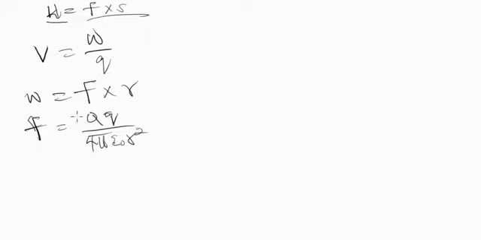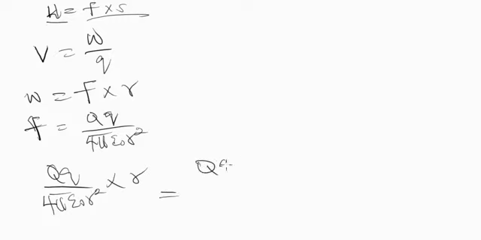So if we multiply this by R, let's say Q times Q over 4 pi E naught R squared times R. Now, let's multiply this out. We'll have Q times Q over 4 pi E naught R squared. Then this times R is R. So we'll simply go ahead and divide this.